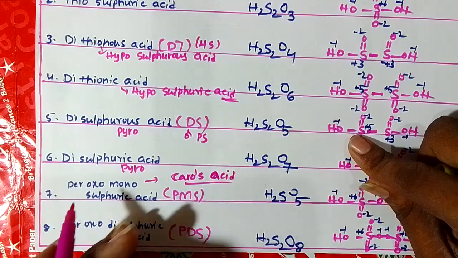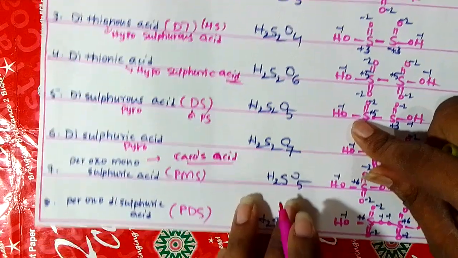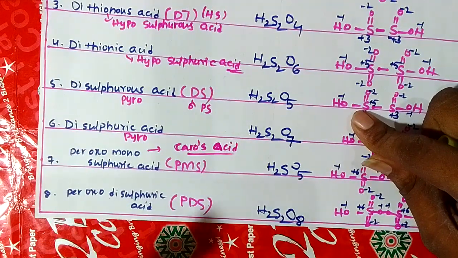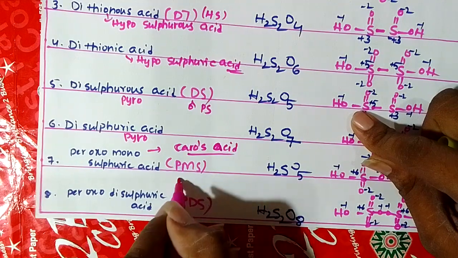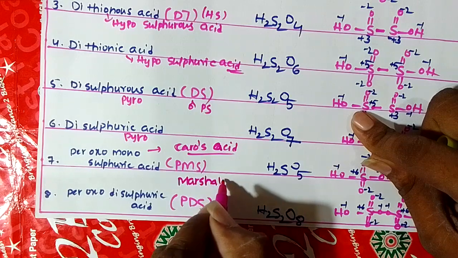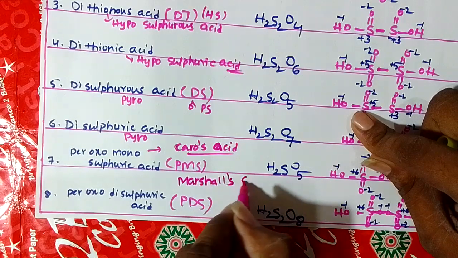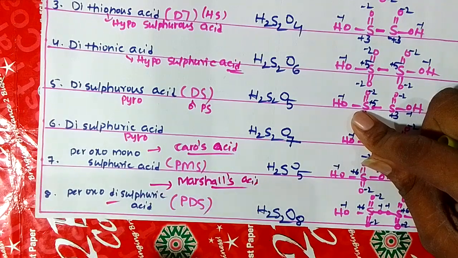What is the commercial name of peroxymonosulfuric acid? That is Caro's acid. Now coming to peroxodisulfuric acid. The commercial name of peroxodisulfuric acid is Marshall's acid. So Marshall's acid, di-Marshall. Remember di-Marshall.